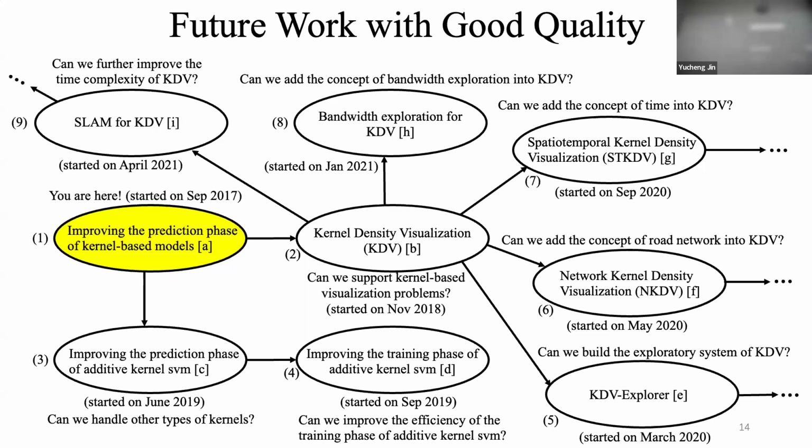Can we further improve the time compressor KDV? So maybe some of you may have some misunderstanding. Maybe you'll think that doing research is something like I just sit down and think of the next research topic, and then you'll sit here maybe for 3 or 4 hours, and you will still find that your mind is still in chaos.